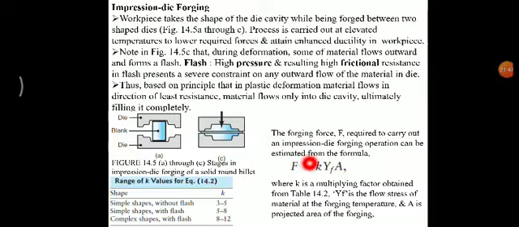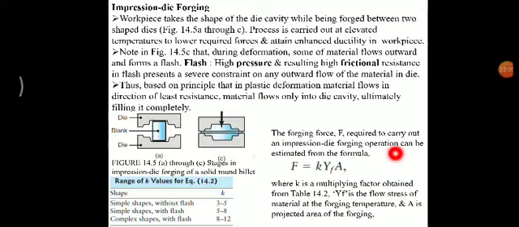Now here the forging force is given in the case of the impression die forging process. Force equals K times, where K is a multiplying factor obtained from Table 14.2. For simple shapes without flash, K will be 3 to 5.